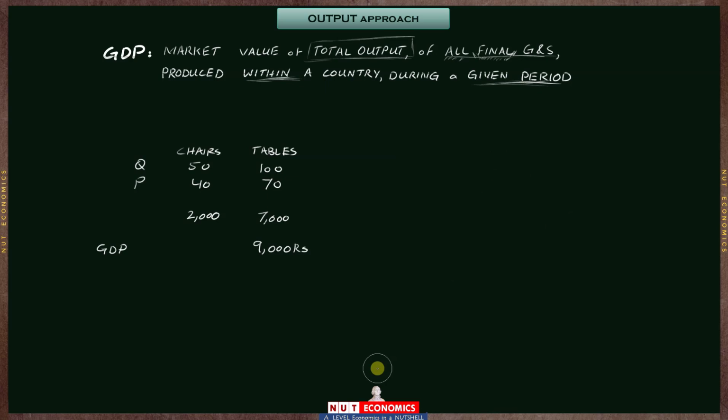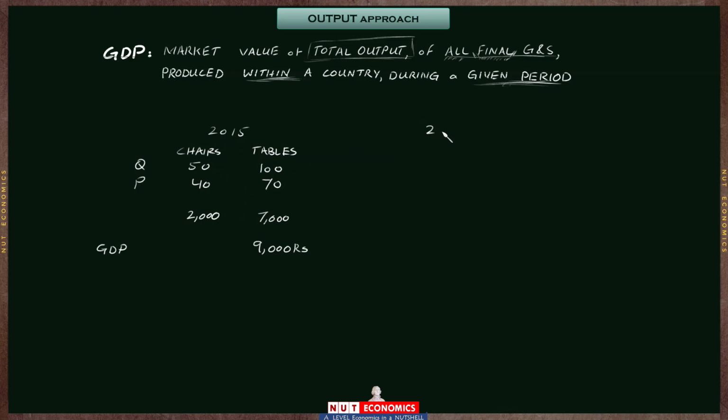So the final part of this definition of GDP tells you that it's the value of output of all goods and services produced within a country during a given period of time, which simply means that this GDP is a flow concept. So you would measure the GDP for a particular year, such as let's say 2015, which would mean that you calculate the market value of all the goods that have been produced during this entire year of 2015.